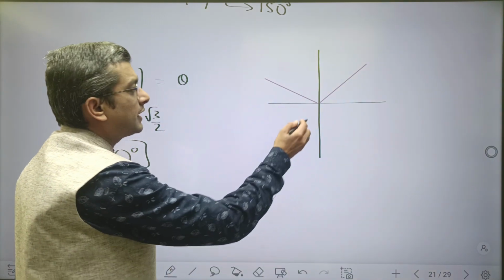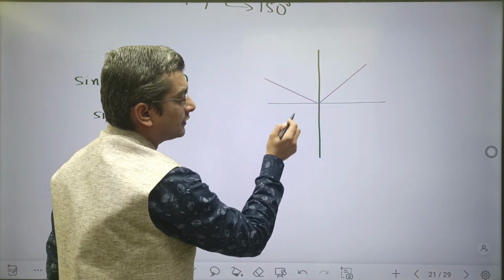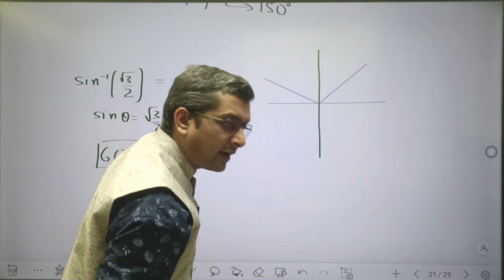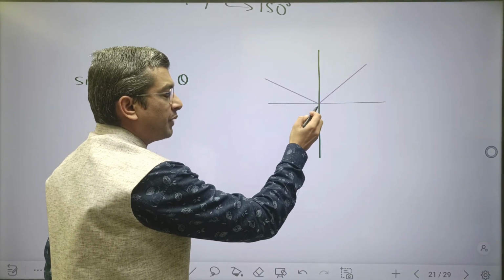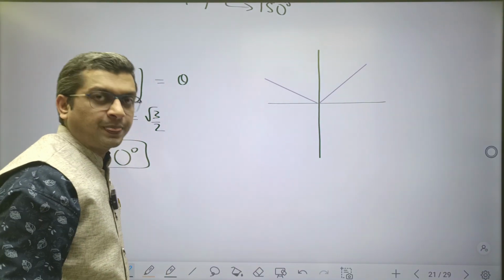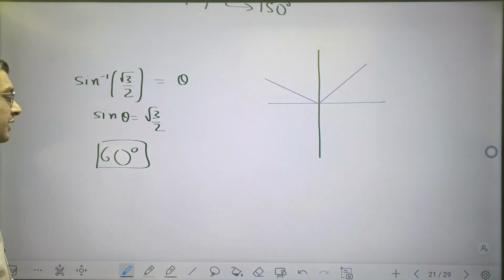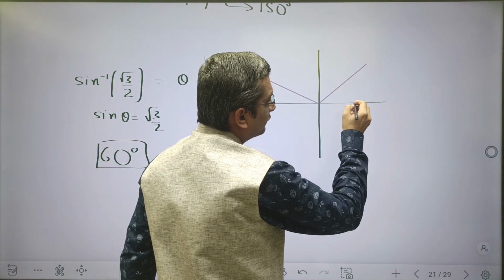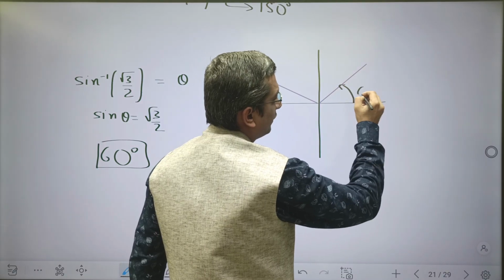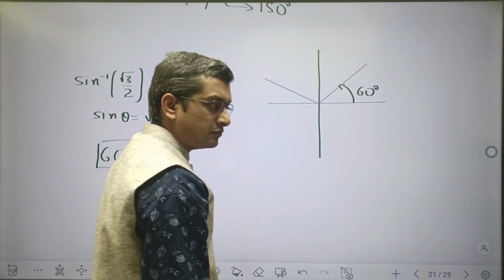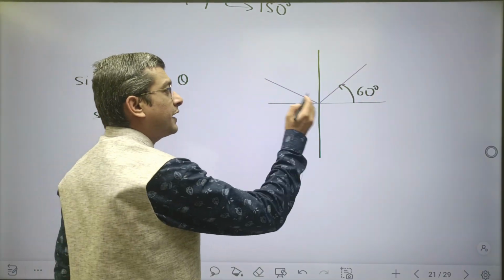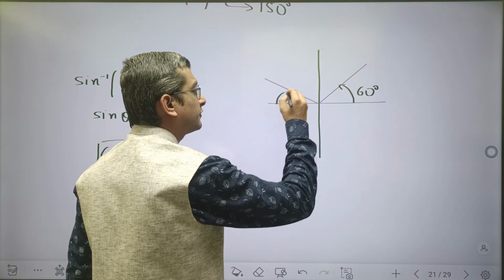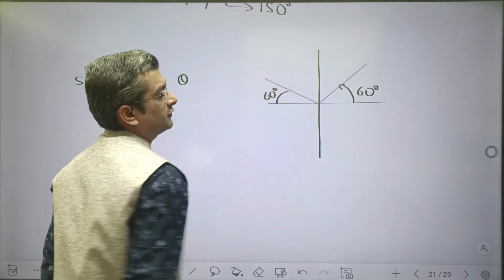I'm repeating it: if the line lies in the first or fourth quadrant, take the angle with respect to the positive x-axis. If the line lies in the second or third quadrant, take the angle with respect to the negative x-axis. Are you getting it? Now you select the angle, that is 60 degree. Take the angle of this line from the positive x-axis as 60 degree, and take the angle of this line from the negative x-axis as 60 degree.